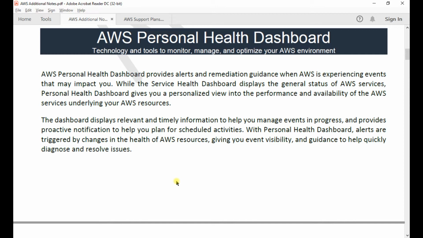Same thing here also: plan, manage and optimize your environment and the services underlying your AWS services. The dashboard displays relevant and timely information to help you manage events in progress. It provides proactive notification to help you plan for scheduled activities. With Personal Health Dashboard, alerts are triggered by changes in the health of AWS resources, giving event visibility.